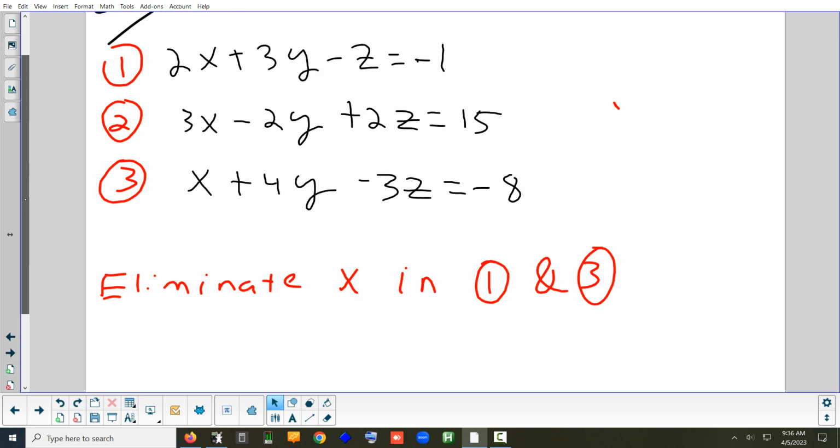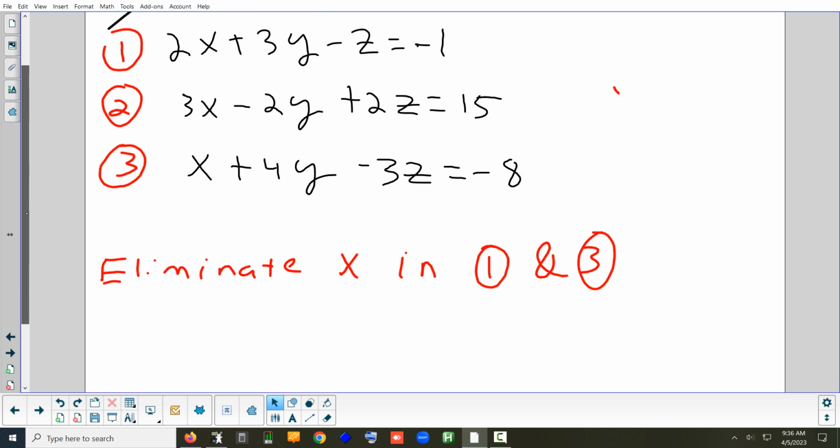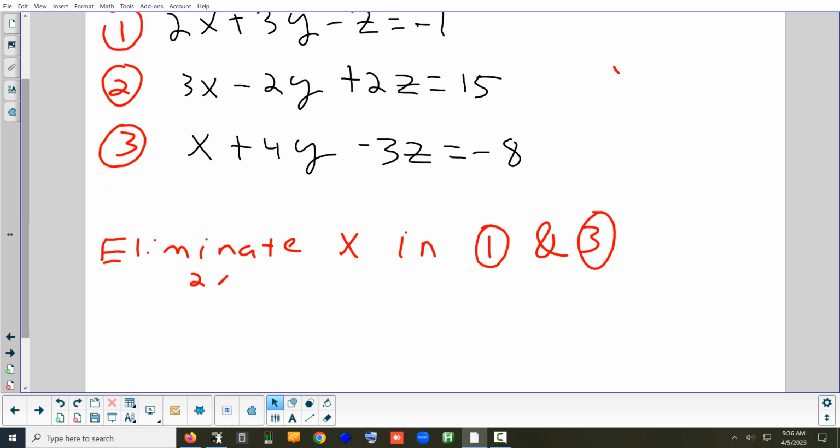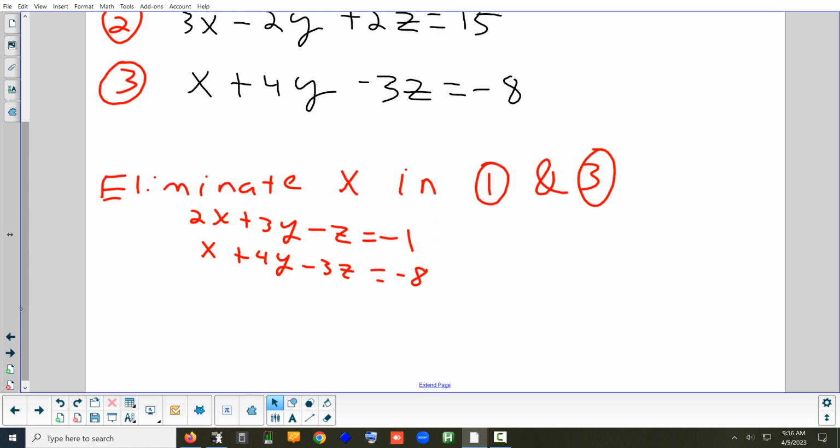So first thing I'm going to do is copy down the equations so I have some space. So I'm going to put 2x plus 3y minus z equals -1. And equation 3, x plus 4y minus 3z equals -8. I want to eliminate the x's.